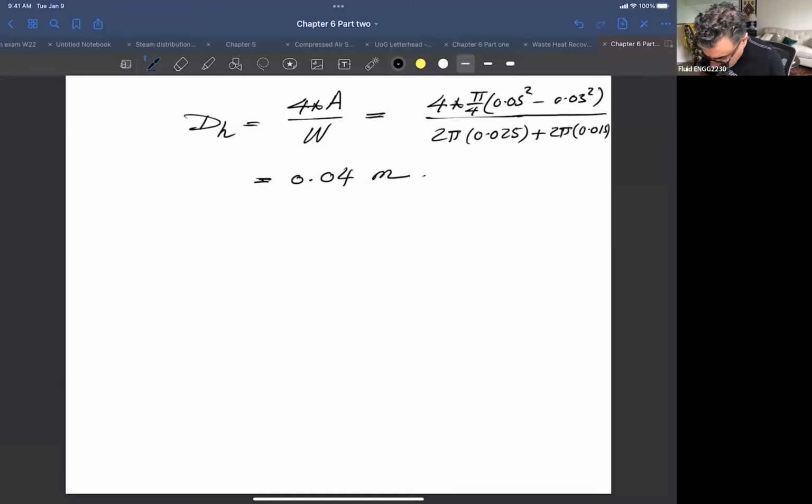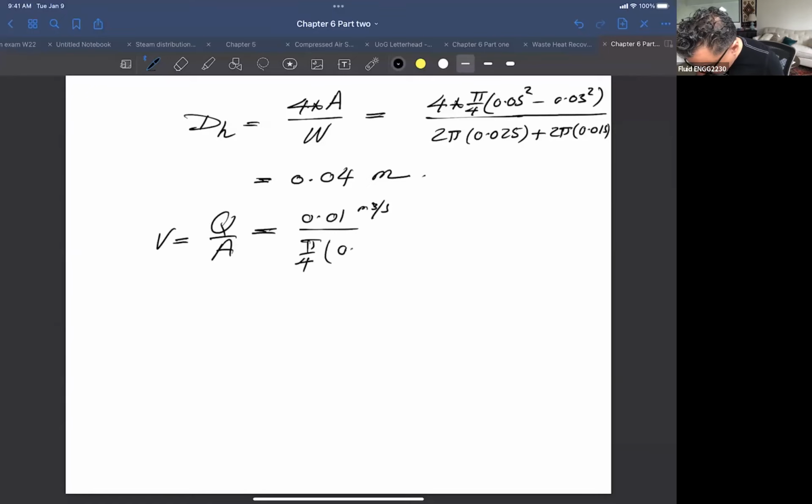Okay, so the velocity here is Q over area. Q here is given as 0.01 meter cubed per second. And the area here is pi over 4 times the diameter squared, with the diameter 0.05, which is 5 centimeters, divided by the cross-sectional area.